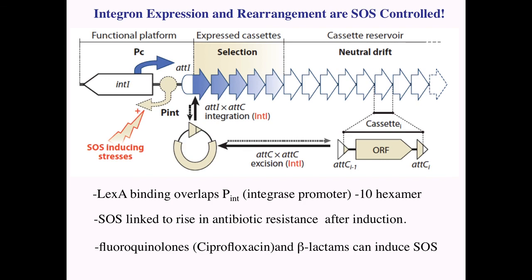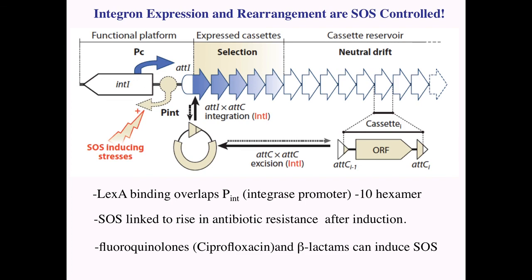So you get an increased transcription, in the case of an SOS-induced response, of the integrase, increased expression of these genes, but you also get all of these other genes down here at some frequency become excised and turned into circular DNA.